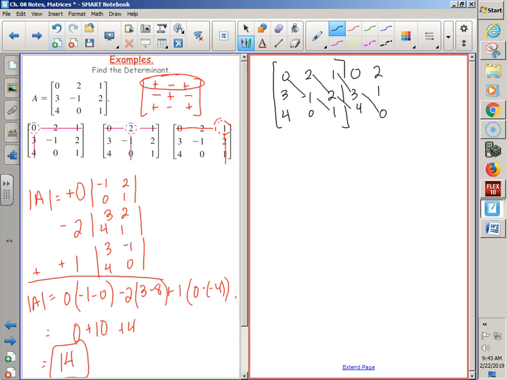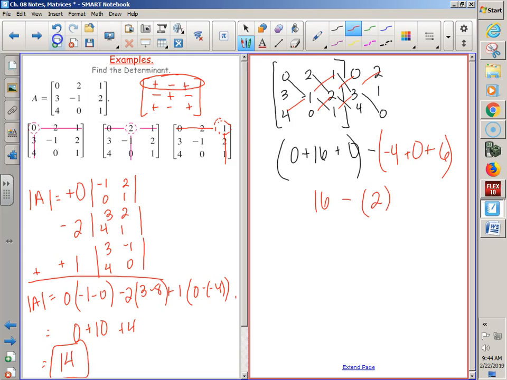I took my matrix, I added a couple more columns, and I'm going to main. 0 times anything is 0, plus main, 2 times 2 is 4 times 4 is 16, plus main, minus opposite, which is negative 4, plus opposite, which is 0, plus opposite, which is 6. I have 16 minus 2.